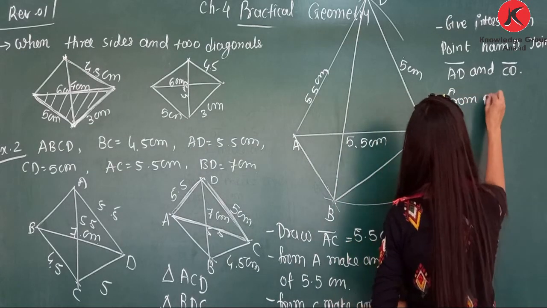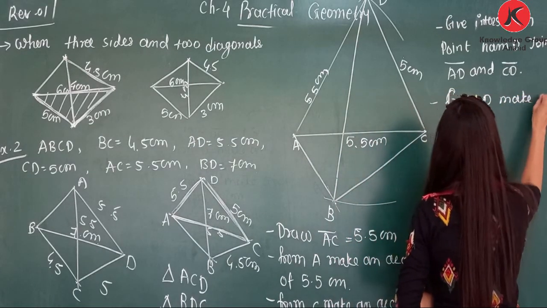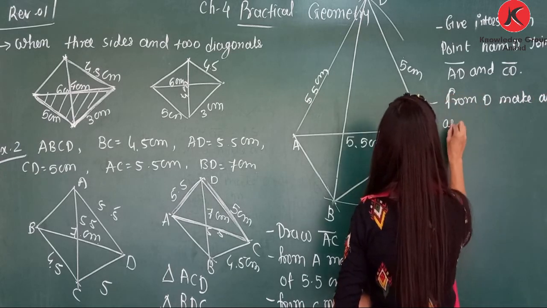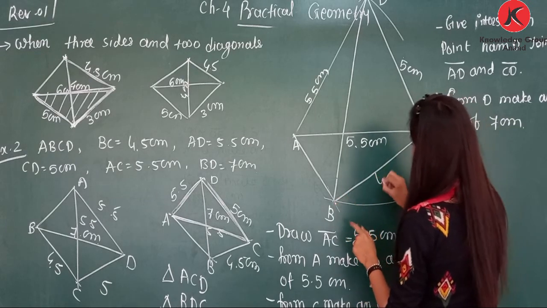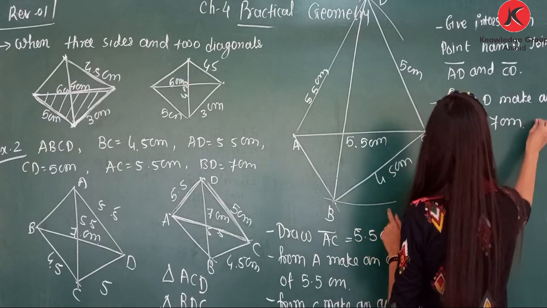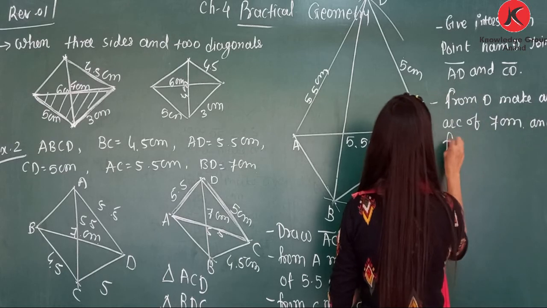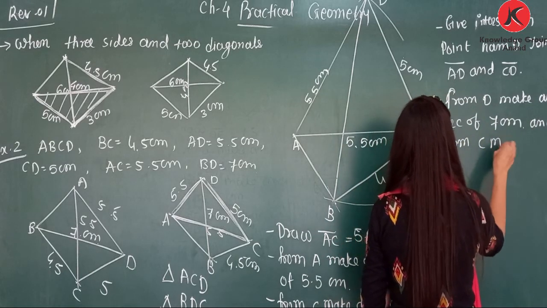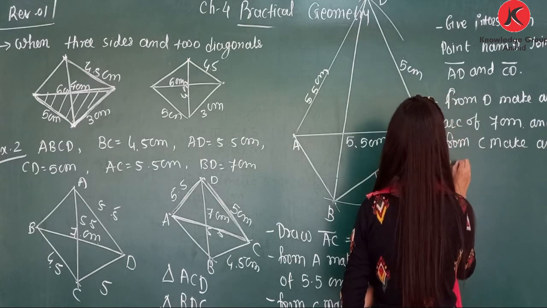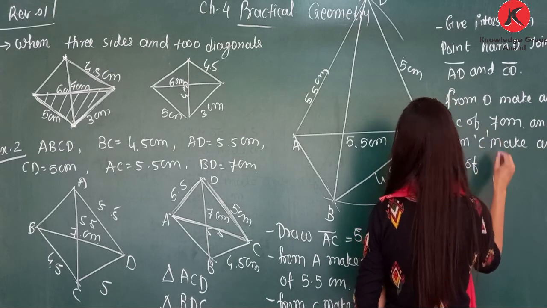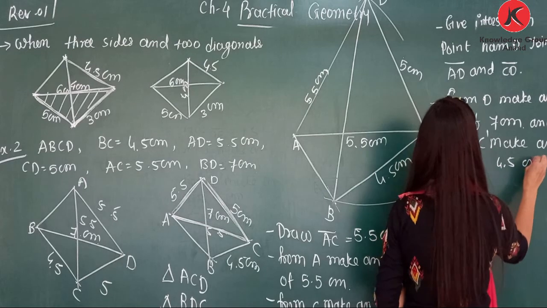From D make an arc of 7 centimeter, and from C make an arc of 4.5 centimeter.